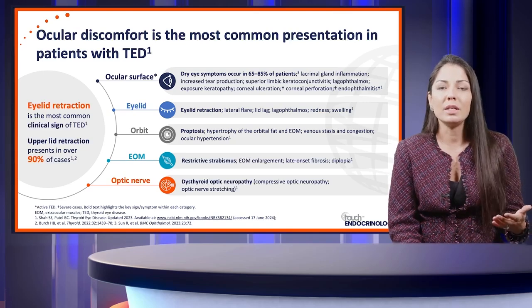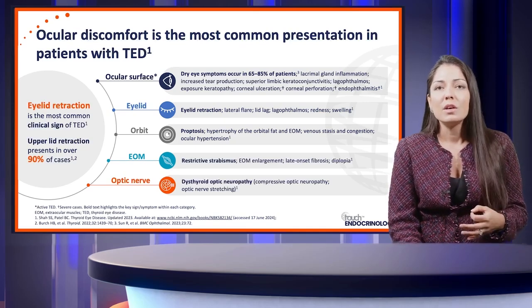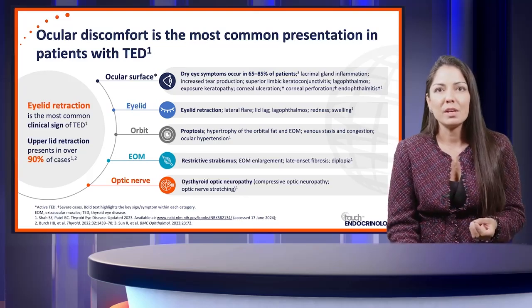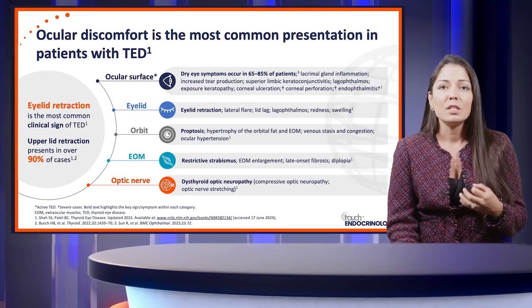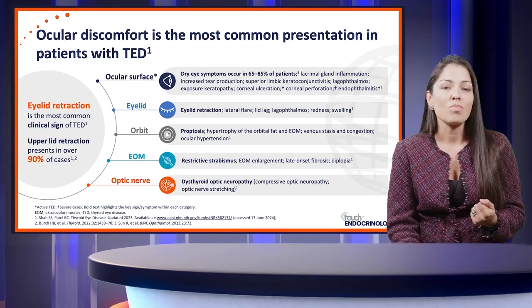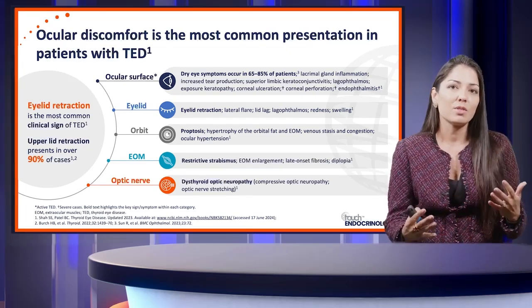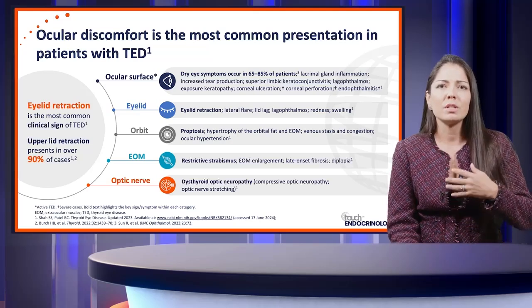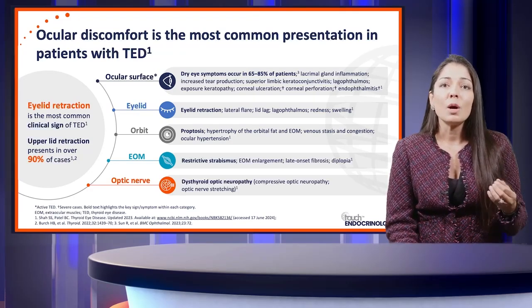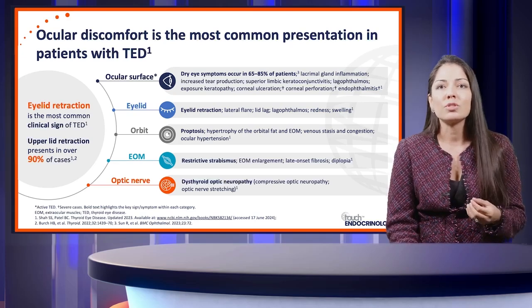And then later in the course of the disease, the fluid and inflammation can transition into scar tissue and fibrosis. And again, these patients can have double vision, which can be very challenging to treat, both medically and surgically. And then when all of these things are combined and the muscles enlarge and the fluid expands the orbital soft tissues, the optic nerve can be compressed or stretched.